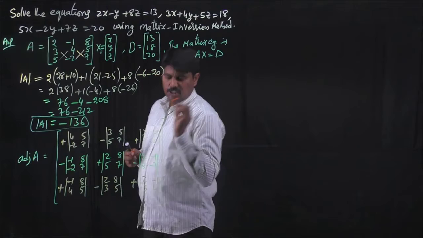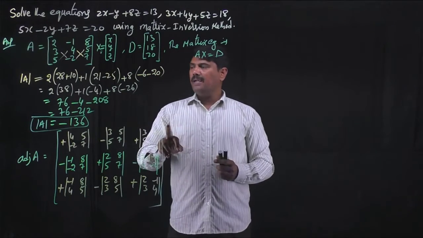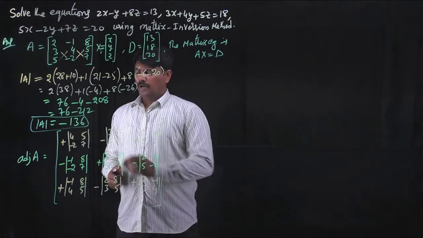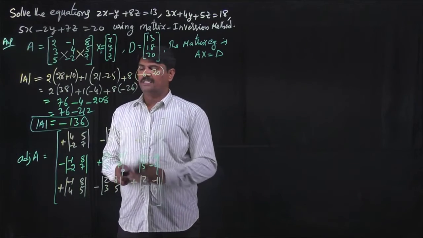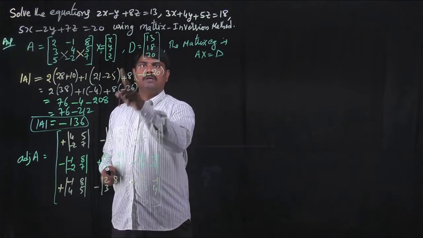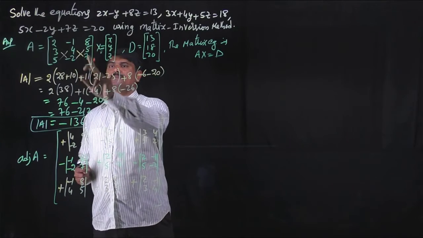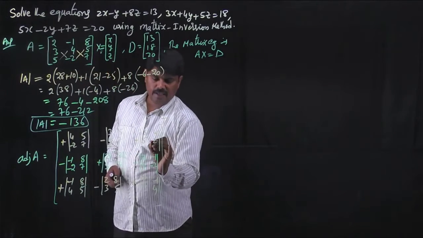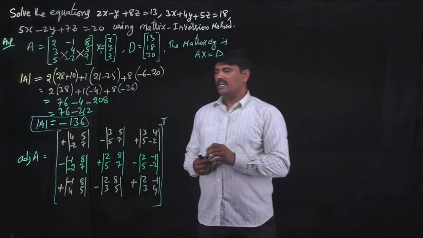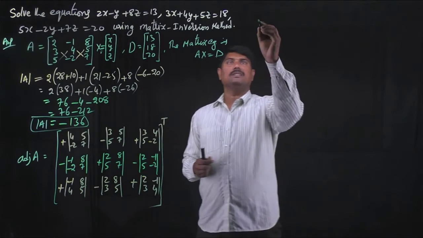So, this is the transpose. The adjoint of the matrix, as per the definition, is the transpose of the matrix obtained by replacing each and every element with its cofactor. Let me check the cofactor of 8: 3, 4, 5, minus 2 here. You must be careful with the elements and their signs, otherwise we may get a wrong answer.